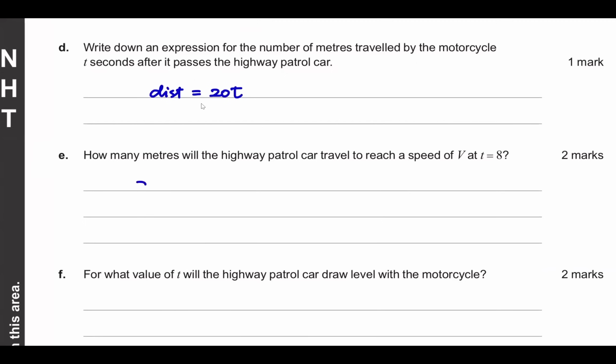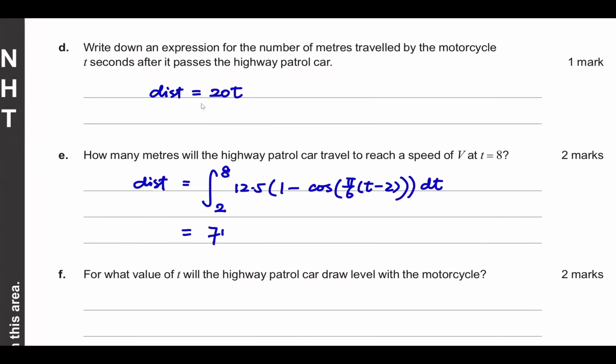So just use integration from 2 to 8 of 12.5 times (1 minus cosine of pi over 6 (t minus 2)) dt. Something along this line, okay? And the answer, I suppose, you should be able to get 75 meters.